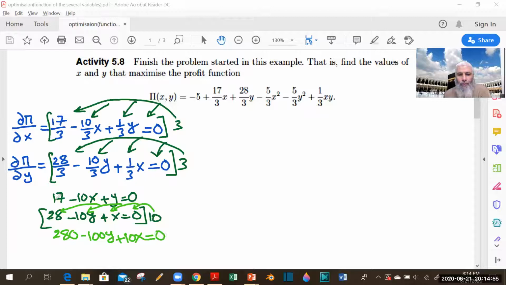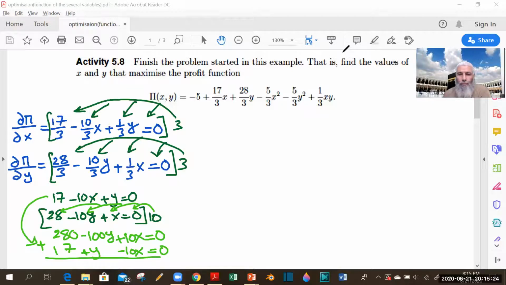Now we write here 17 minus 10x plus y equal to 0. Now we will add, right? Addition. Yes. Because 10x minus 10x is 0.